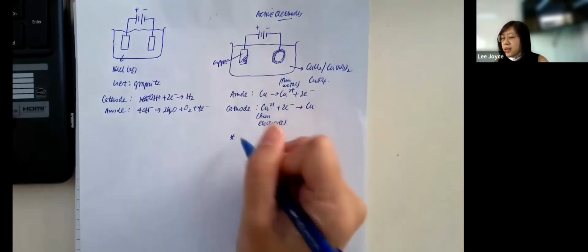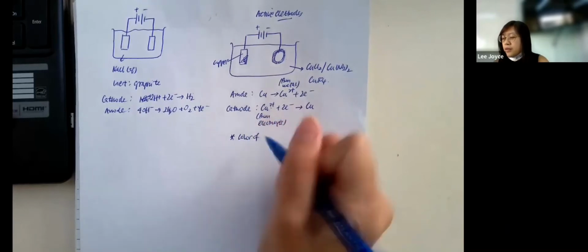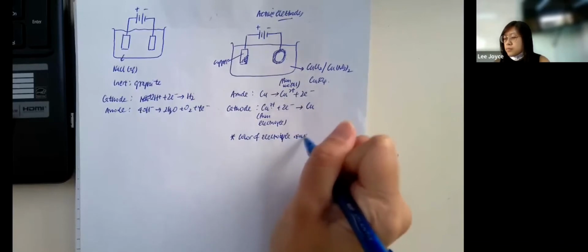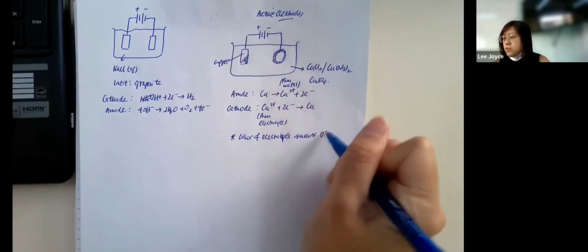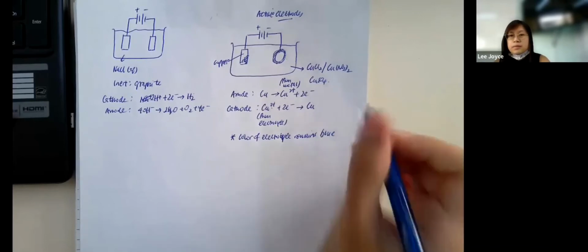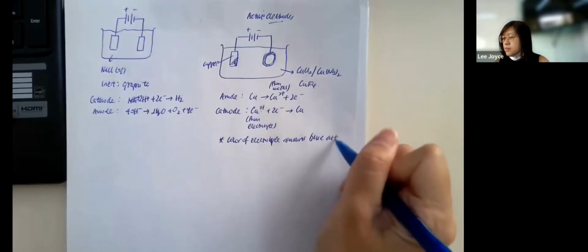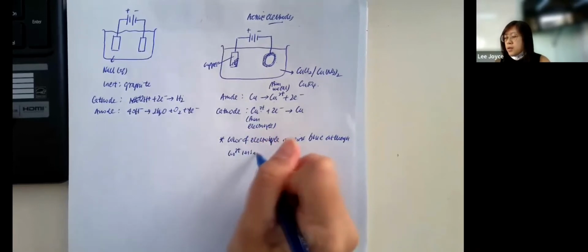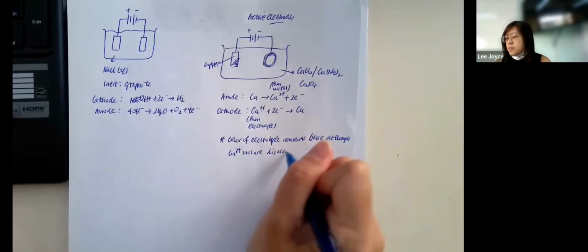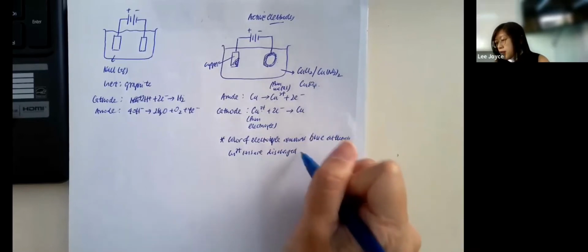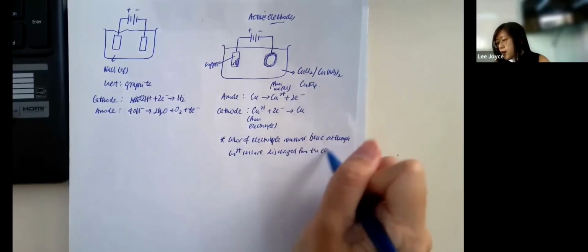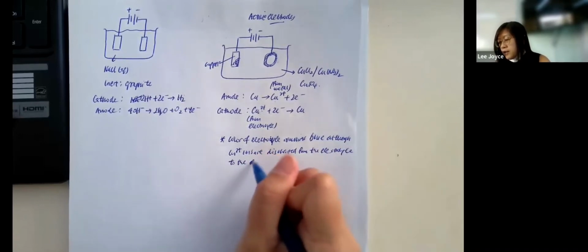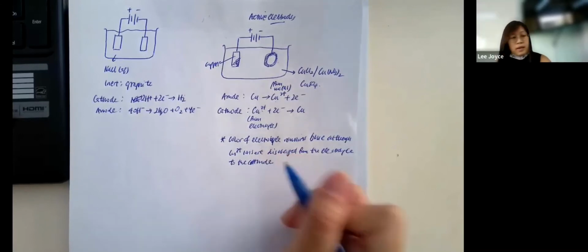Let's write that down: the color of the electrolyte remains blue although Cu2+ ions are discharged from the electrolyte to the cathode.